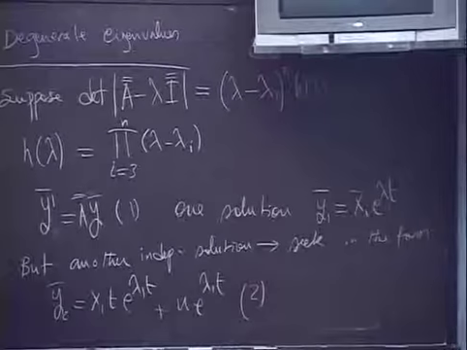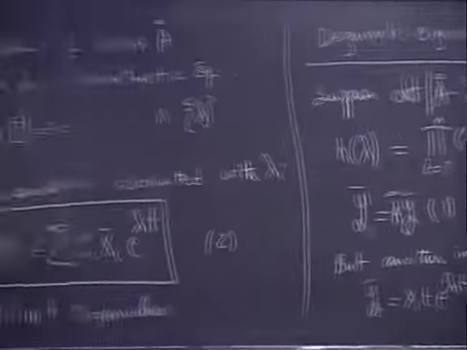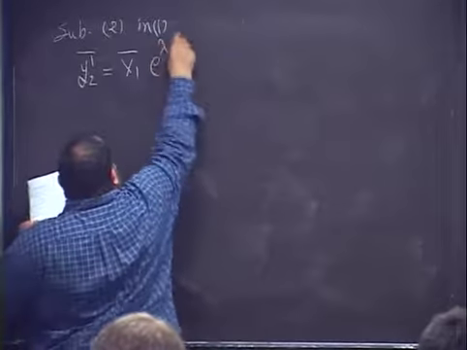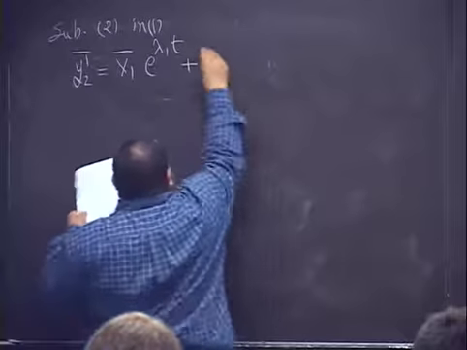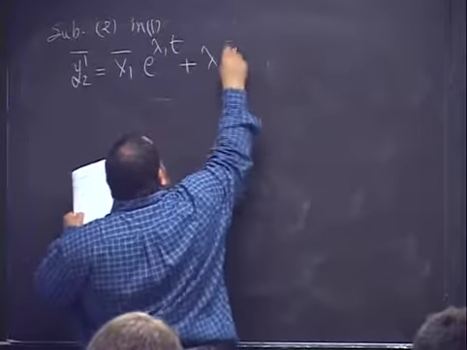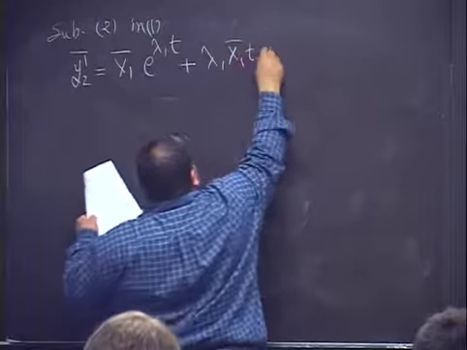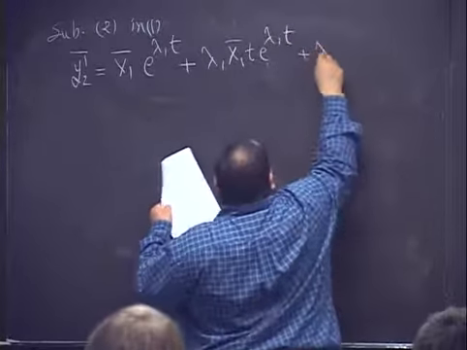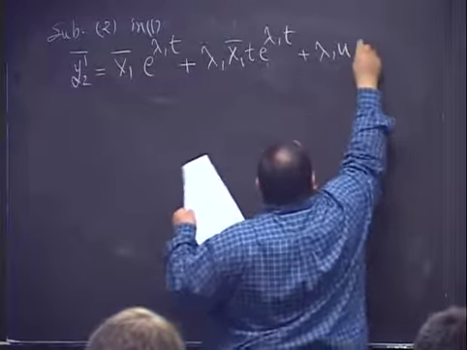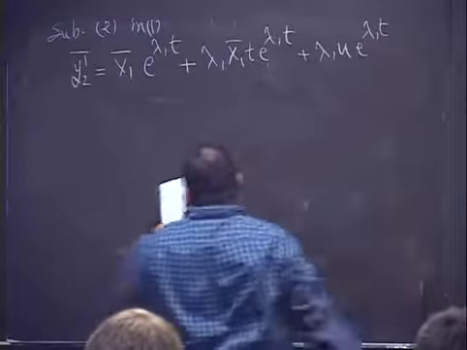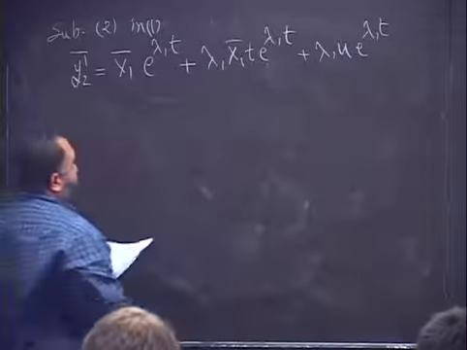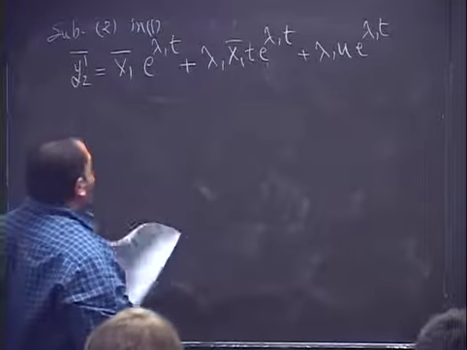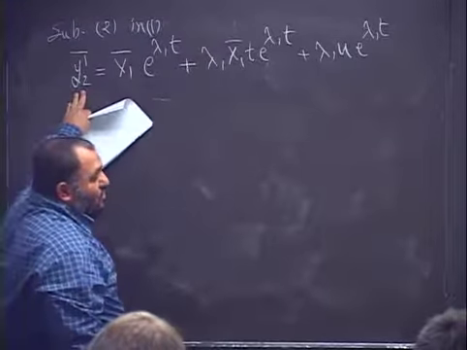So this will give you y2 prime as a vector equal to x1 e to the power of lambda 1 t plus lambda 1 x1 t e to the power of lambda 1 t plus lambda 1 u e to the power of lambda 1 t. Okay, guys? But this is the left hand side, y2 prime.